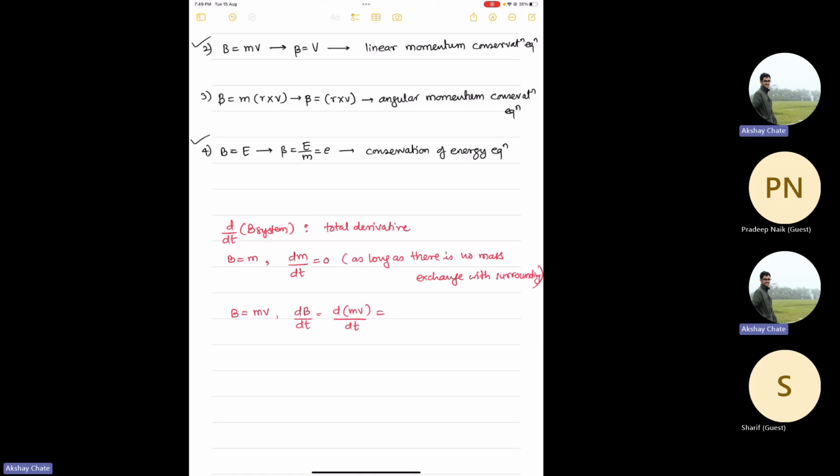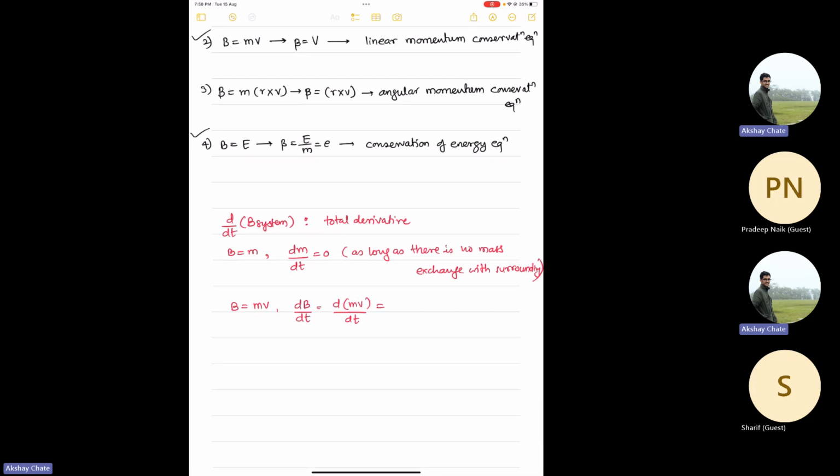Anybody knows Newton's second law? Okay, so if your mass is constant, then this becomes m dv by dt. So this is nothing but mass into acceleration, right?